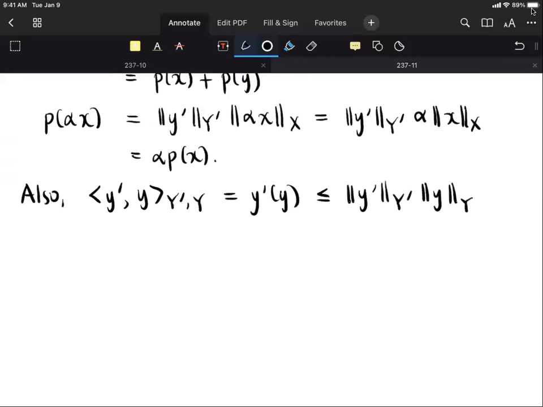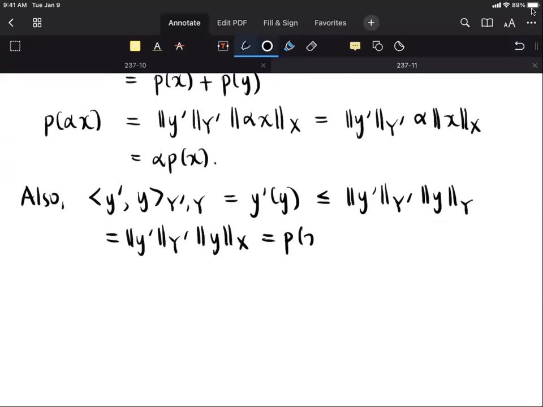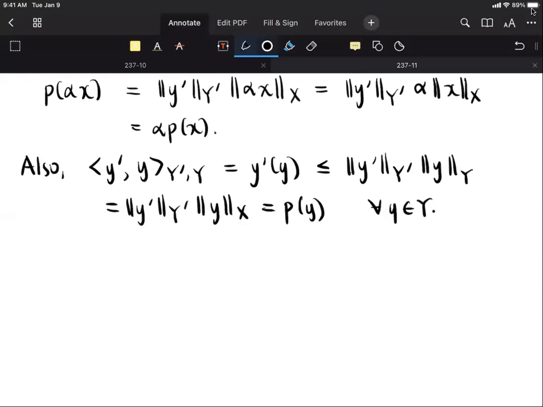Since the norm of y is the same as the norm of x, we can write the last expression in this way. But this is nothing but the definition of our sublinear form P. And this is true for any y in capital Y. In other words, y prime is less than or equal to P on Y.